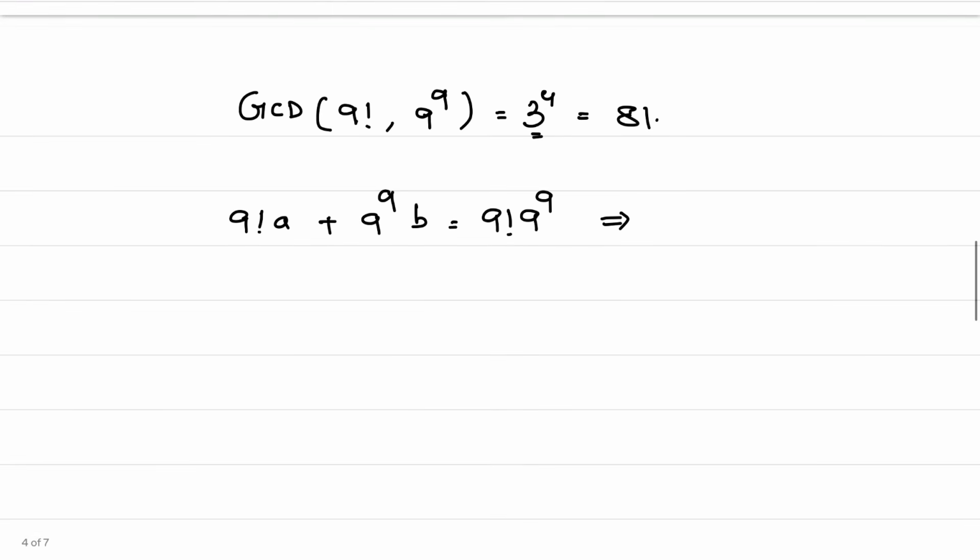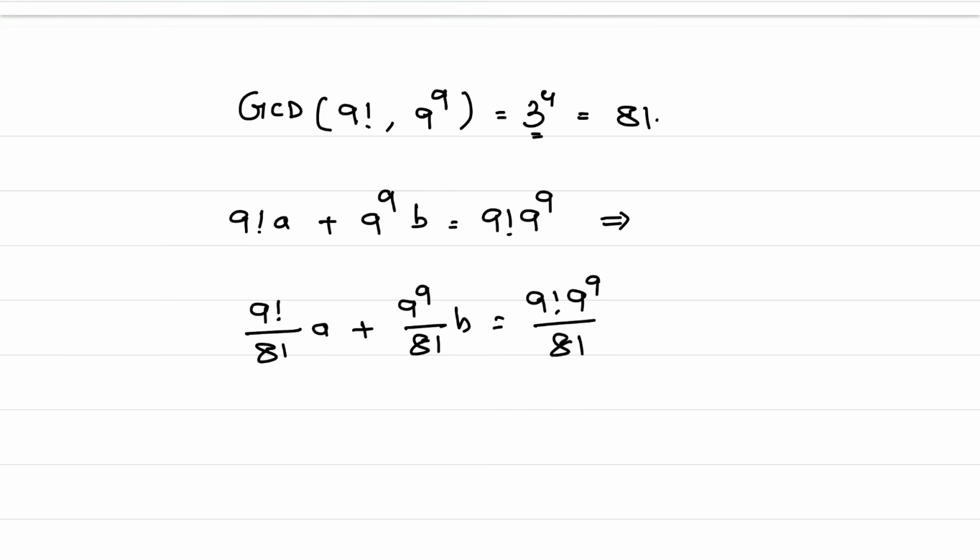This can be written as 9 factorial by 81 into a plus 9 to the power of 9 by 81 into b is equal to 9 factorial into 9 to the power of 9 by 81. Can we write like this? Because 81 is the GCD.